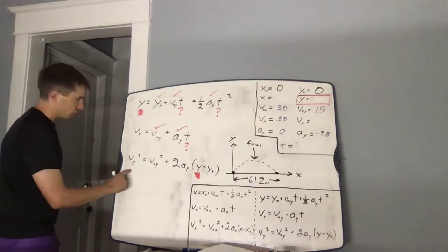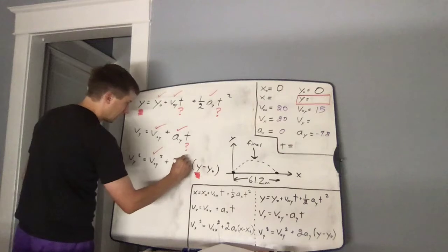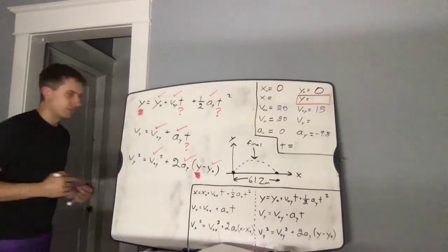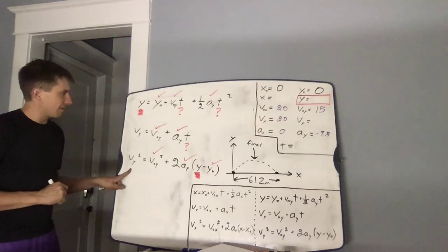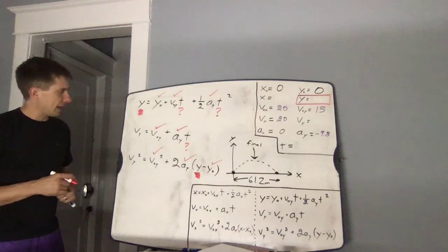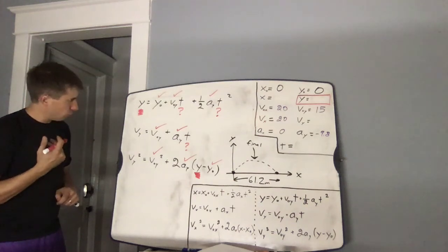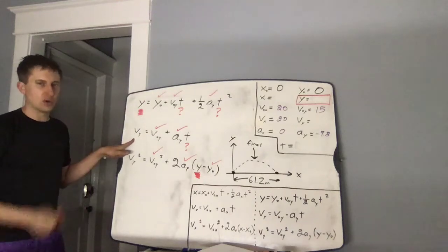Do I know Vy final? Again, I'll come back to that. I know that. I know that. And I know that. So either I need to know Vy final or I need to find time. And so, well, to find time, I need to know Vy final. So we'll just directly ask, what is Vy final?